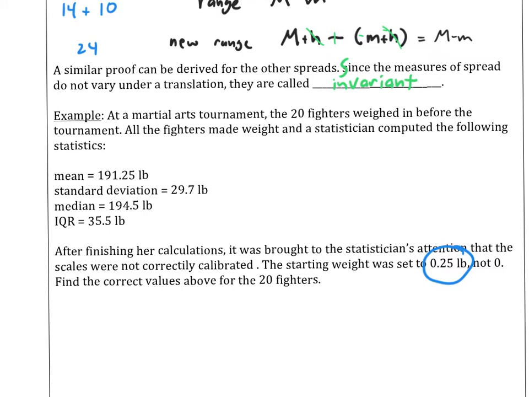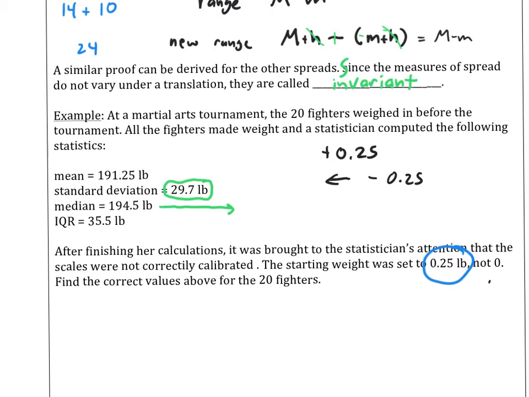So let's start making a list here. Standard deviation is going to stay the same according to that theorem. We know that the mean will change, and it's going to go up, or is it going to go down? Since the original data was above, we have to shift it by subtracting 0.25.